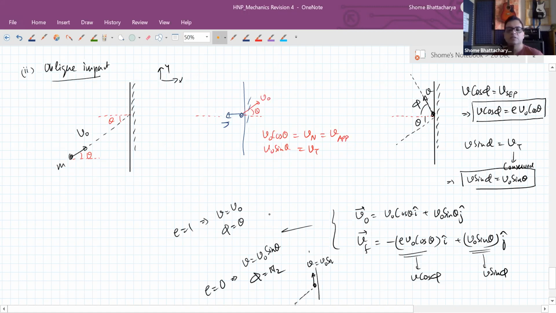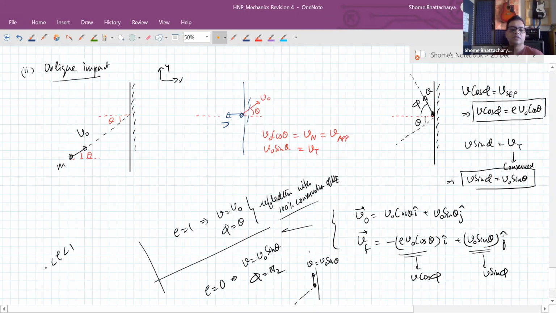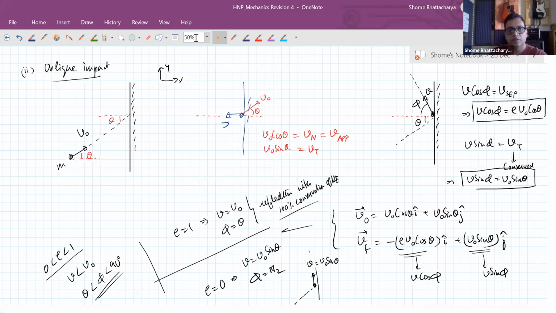Whereas here it is like a mirror image reflection, a reflection with 100% conservation of kinetic energy. And any general case where E is less than 1 but greater than 0, there will be some loss of kinetic energy, and phi will be greater than theta but less than 90 degrees. So these are the special cases of the oblique collision, which you should remember.